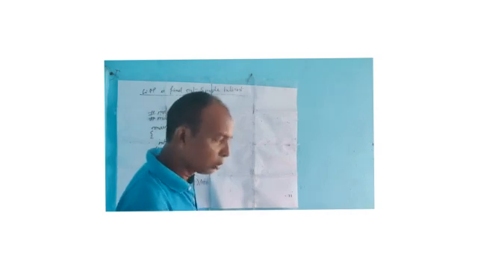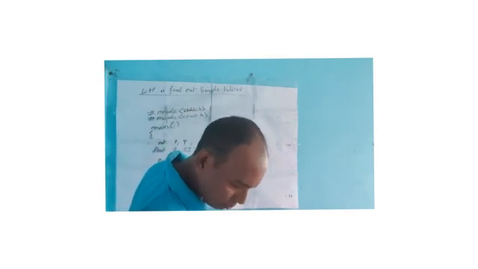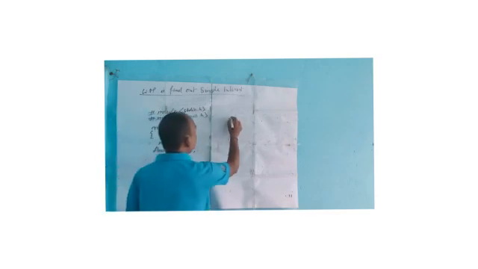So for the output, the command is printf. Percentage F, I'm taking F because here SI is declared as a float. If you use int and the output becomes int, then we take percentage d.